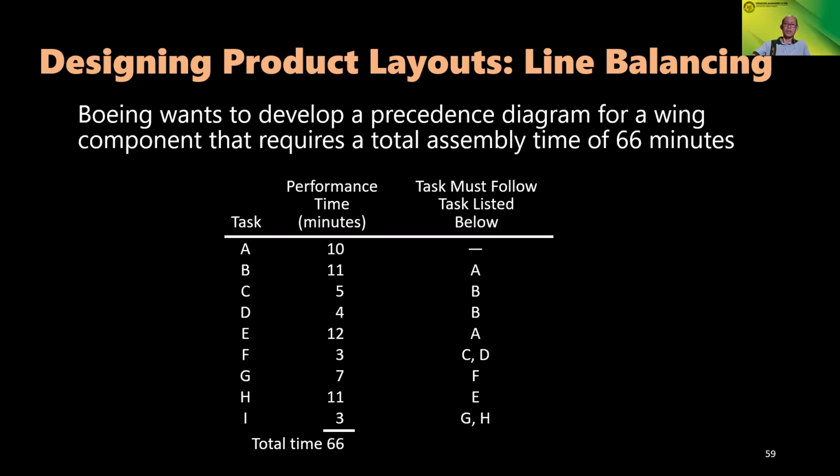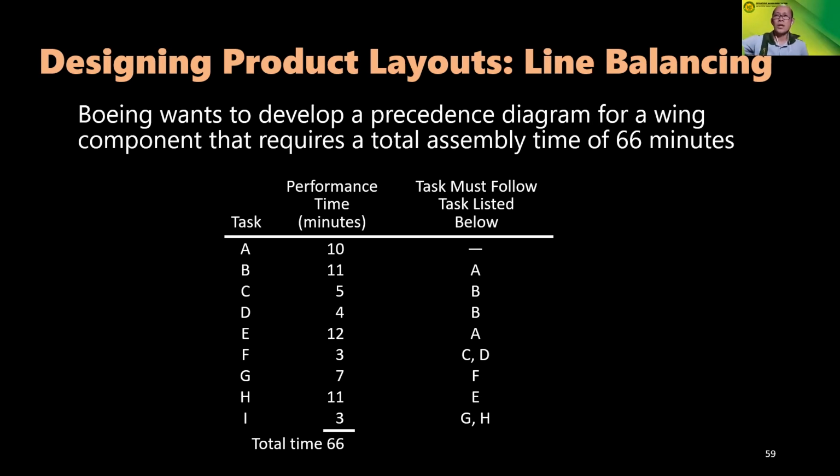So for instance, there are 9 tasks from A to I. The performance time are as follows: 10 for A, 11 for B, 5 for C, 4 for D, 12 for E, 3 for F, 7 for G, 11 for H, and 3 for I, which gives us a total task time of 66 minutes.